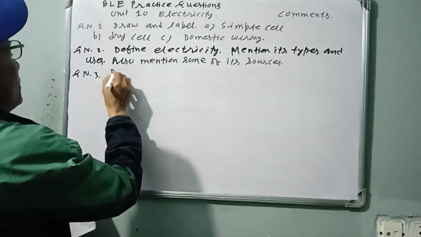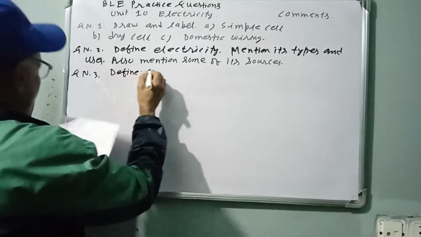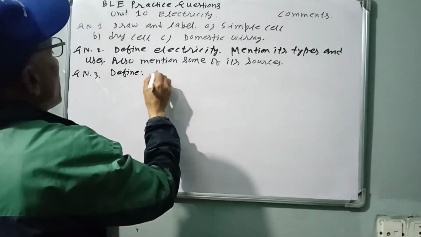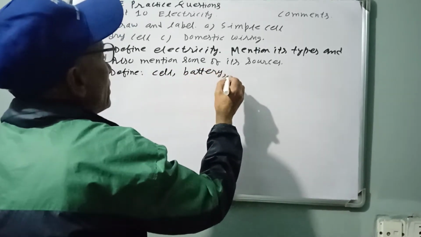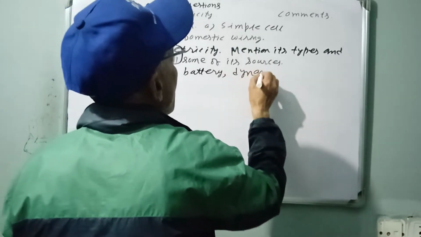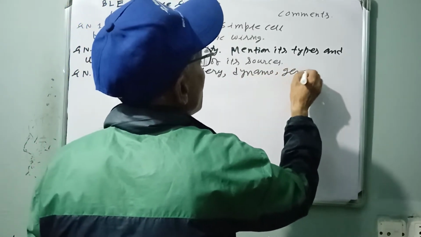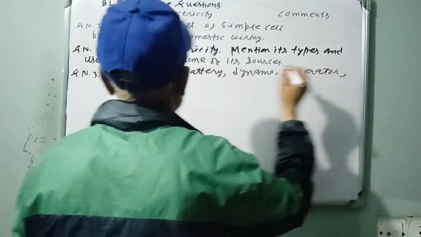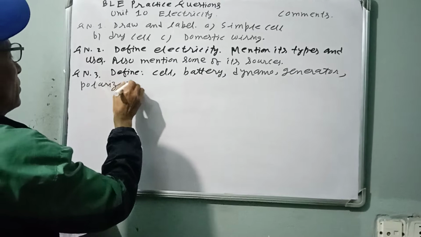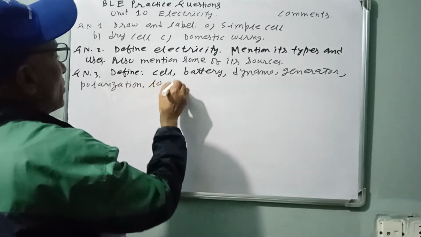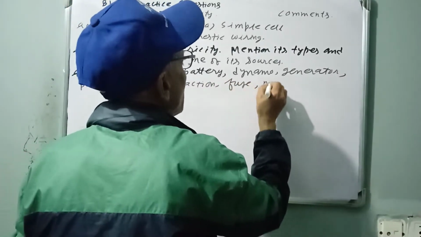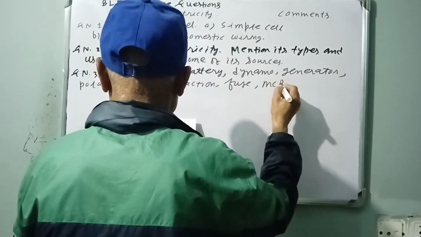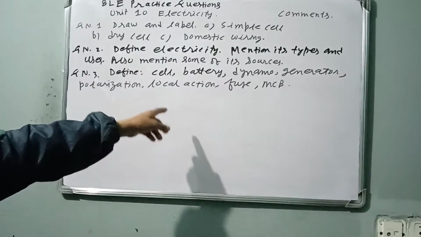Define the following. Number A, cell, battery, dynamo, generator, polarization, local action, fuse, MCB, etc. Define cell.